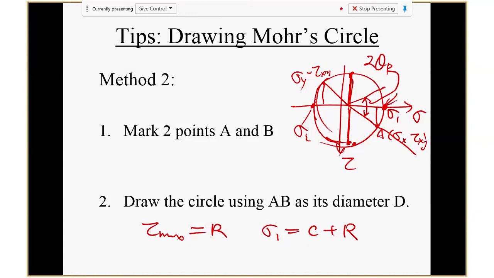Yes. Okay, now what's sigma 2 then? It will be C minus R. So once you have the circle, all these maximum values are really easy. You look at the circle: C plus R, C minus R. That's why people use the Mohr circle, because very visually you see it quickly.